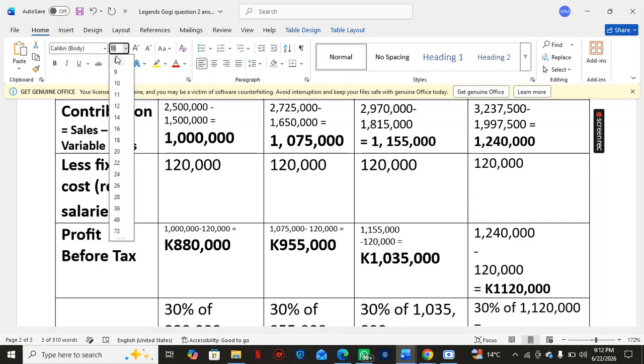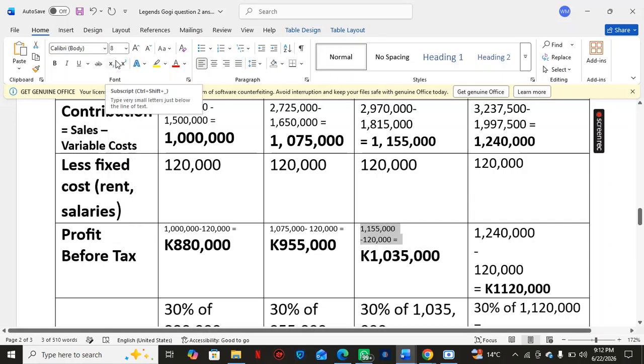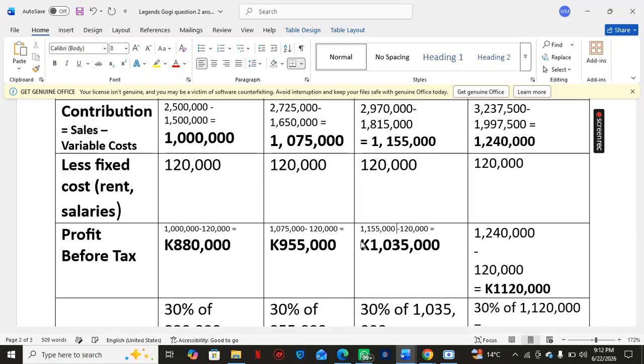Now we get our profit after tax. First we get the tax so that we can get our profit after tax and tabulate that.